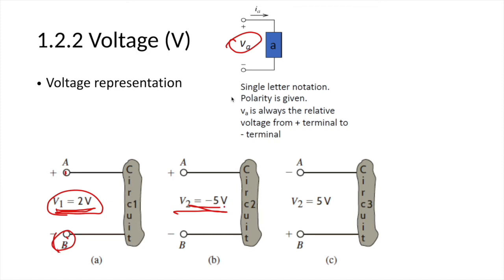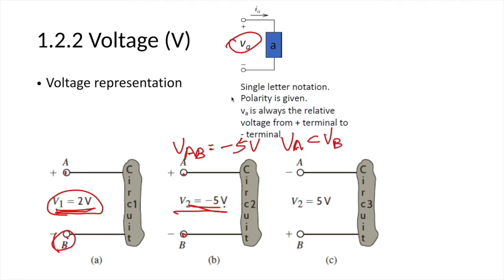This means that the voltage at point A is 5 volts lower than the voltage at point B. So VAB equals negative 5 volts. This means that VA is smaller than VB.